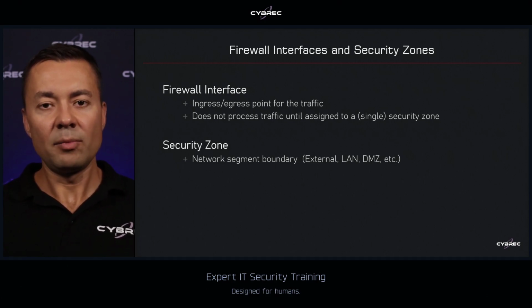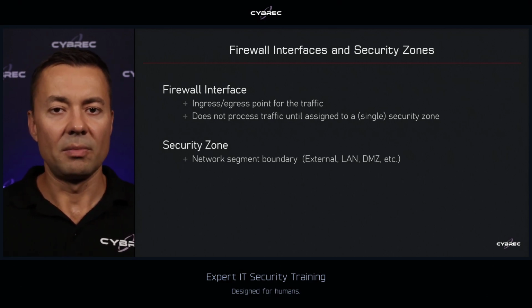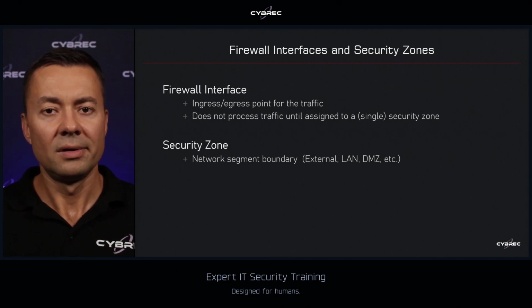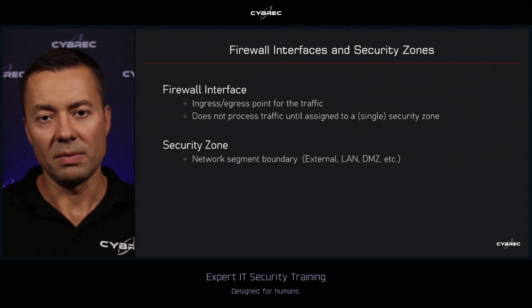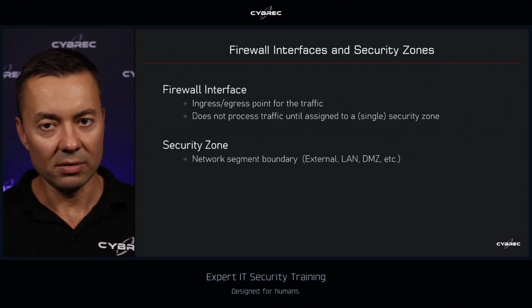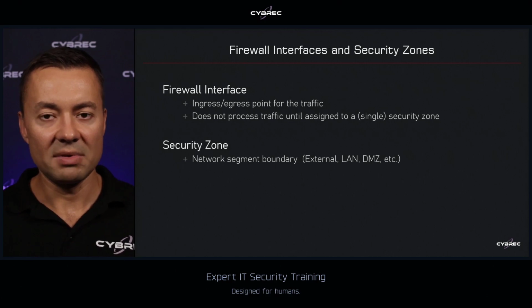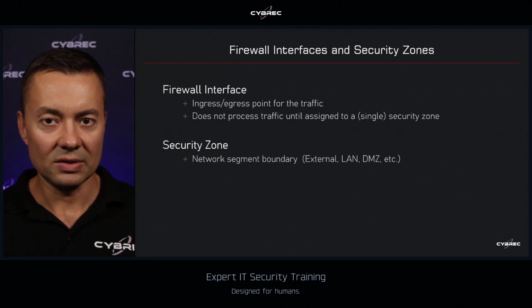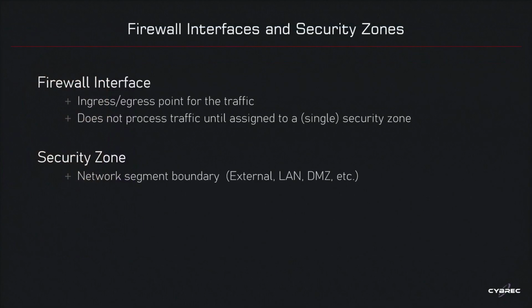So the idea is that the more security zones we have, the easier it is going to be to break down the whole communication, make it more granular in terms of inspection and control with the aid of security policy. Because as we will see, security policy is going to be made of rules, where one of the main conditions that will be used to define those rules is going to be security zones. So in general, the more security zones you have, the more granular control you will be able to enforce on the firewall, but more administration it is going to require.